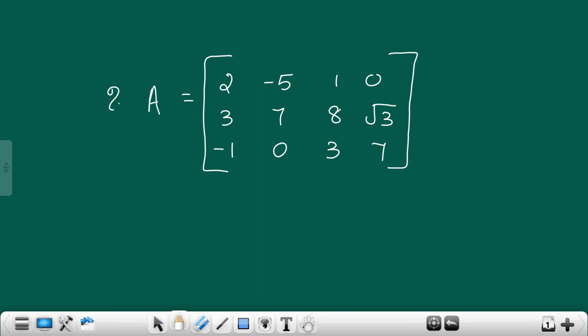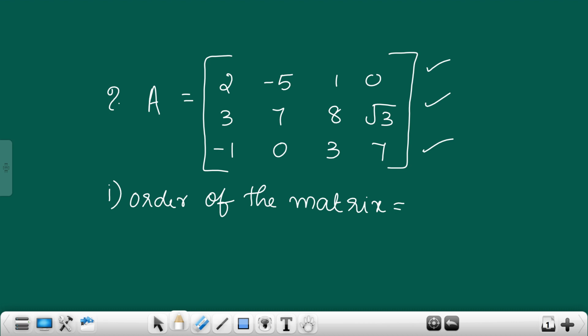First part, find the order of the matrix. We know that order of the matrix is number of rows by number of columns. Number of rows here 1, 2, 3, so 3 by number of columns 1, 2, 3, 4. So our order of the matrix is 3 by 4.